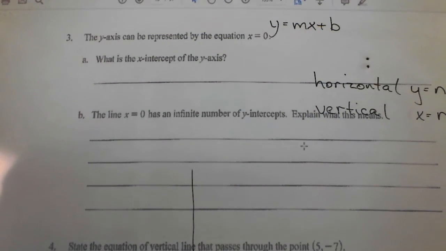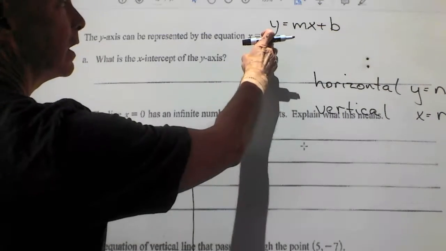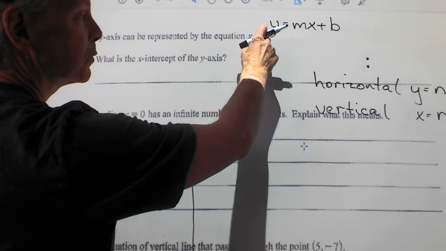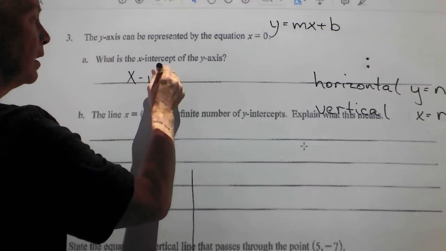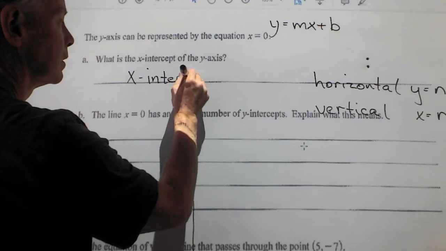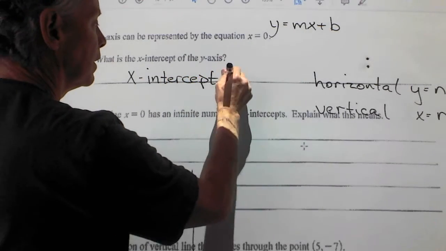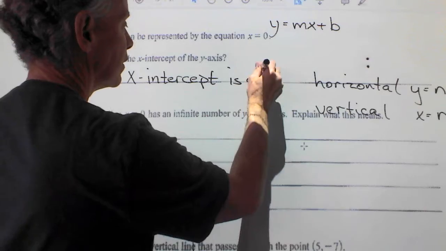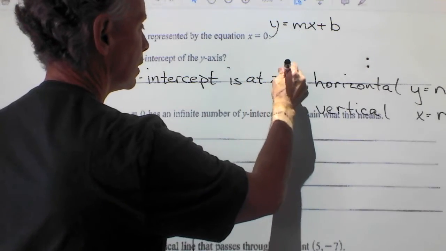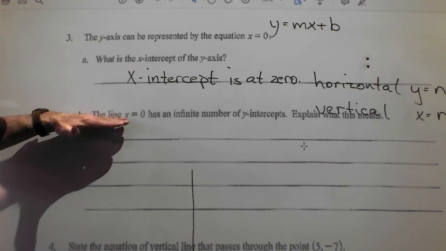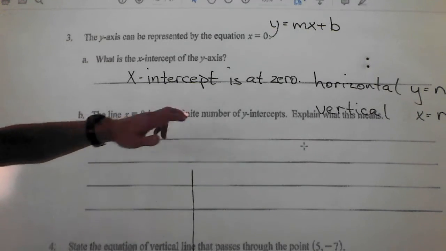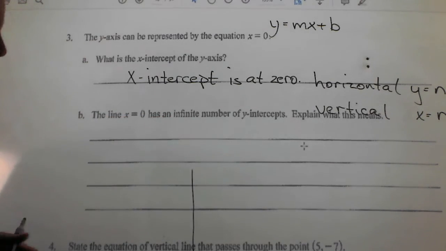What is the x-intercept? Well, as I told you, that number over there is the x-intercept. So the x-intercept is at 0. The line x equals 0 has an infinite number of y-intercepts. Explain what this means. Well, easier to show.